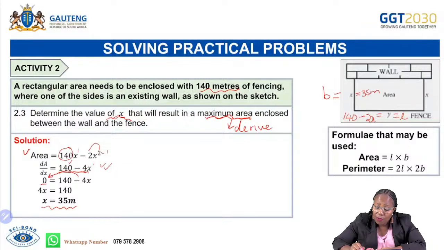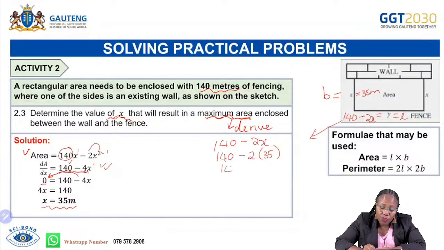Okay, if you want to calculate the length, then it will be 140 minus 2x, of which it will be 140 minus 2 into 35, grade 12, it will be 140 minus 70, and then now that means it will be equal to 70 there.